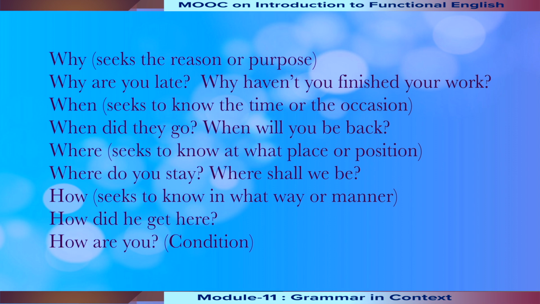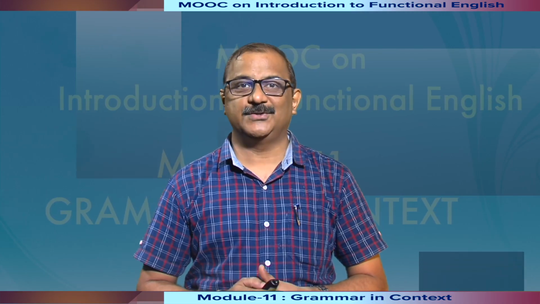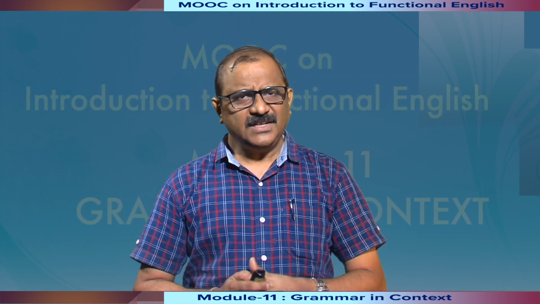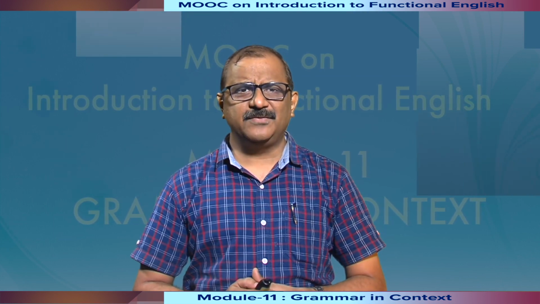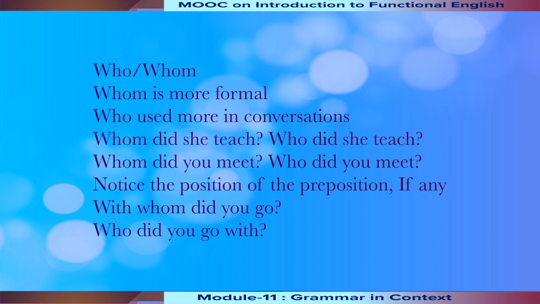How, of course, seeks to know in what way, or even manner or condition. How did he get there? Or simply ask you, and this is one of the most commonly used sentences. How are you? It seeks to know the manner or the way, but here it seeks to know the condition. Okay. Now, there is not much of a difference, but generally, whom is considered to be more formal, and who is used more often in conversations.